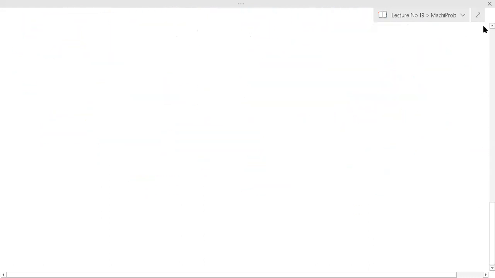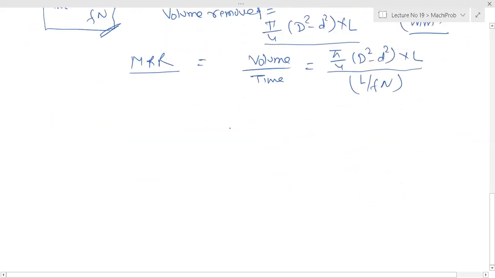Now we can write this as pi by 4 (D plus d)(D minus d) into L. L is cancelled, so we can write Fn. This Fn will go up.